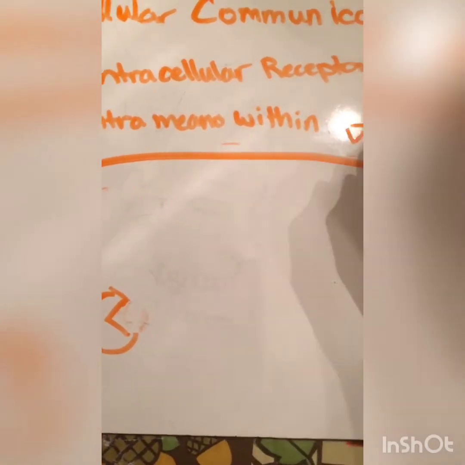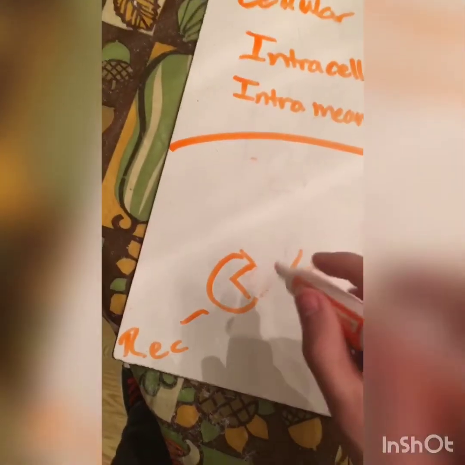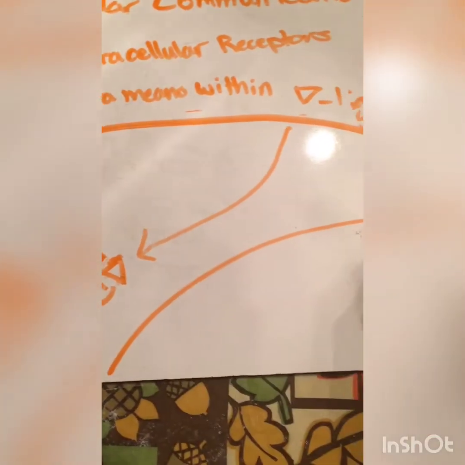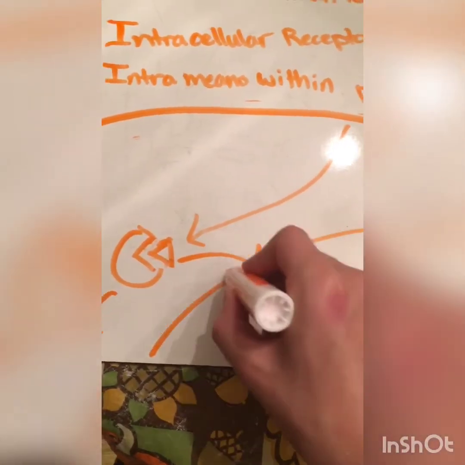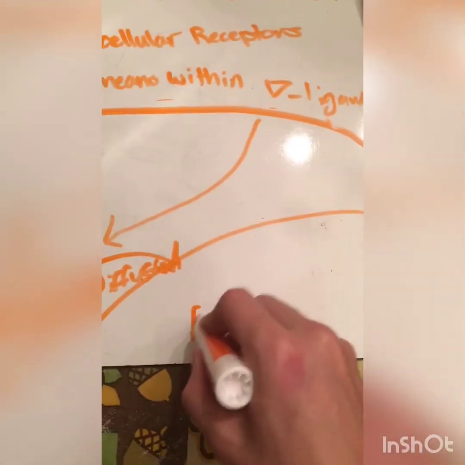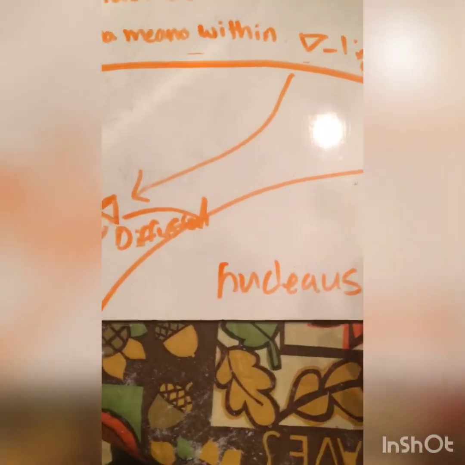Now, ligands will come into the cell and they will connect to these receptors. Once they do this, this receptor will diffuse into the nucleus of the cell and will pretty much set up these things called transcription factors.